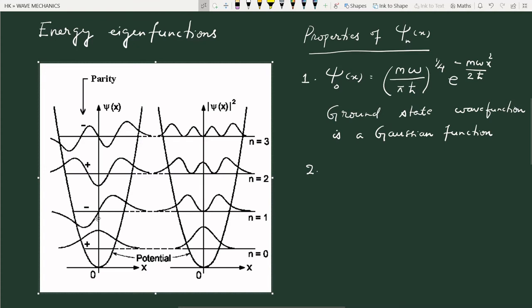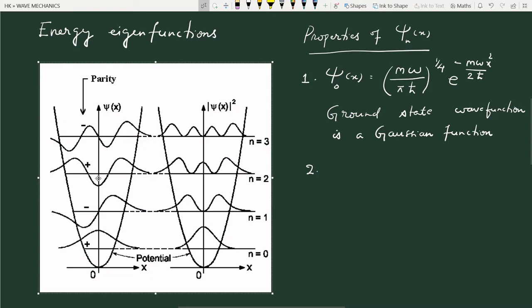This is called even parity, symmetric about x equal to 0. Here the symmetry is opposite. If you place a mirror, the wave function on the left side is the negative of the wave function on the right hand side. We can say psi of minus x is negative of psi of x. So this has odd parity. This has even parity. The n equal to 2 state has even parity, the n equal to 3 state has odd parity, etc.